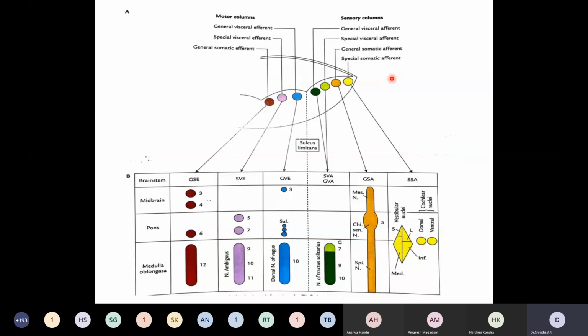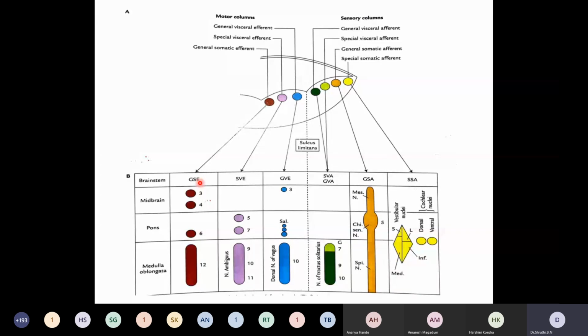So in the neuroanatomy first class, I'll come for the brain, spinal cord or the brain stem. I'll ask you all this. What are the cranial nerve nuclei you get in the midbrain under GSE? You should say it is 3rd and 4th. What is the function of GSE, general somatic efferent? It supplies the striated muscles which are not of pharyngeal arch origin.